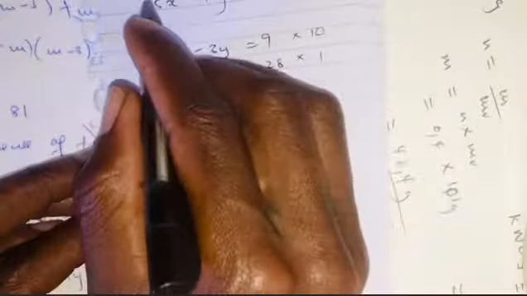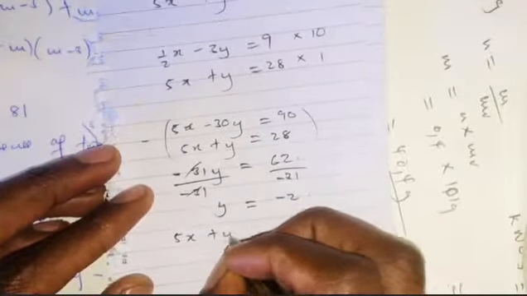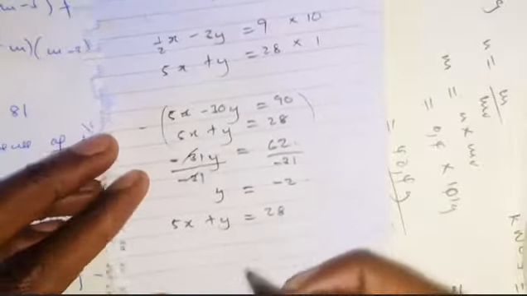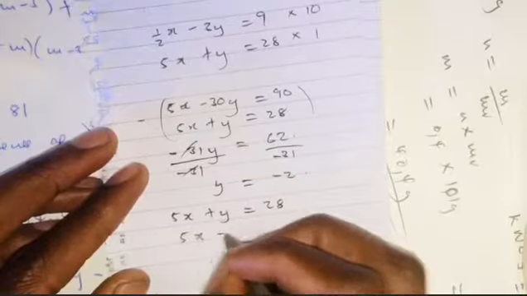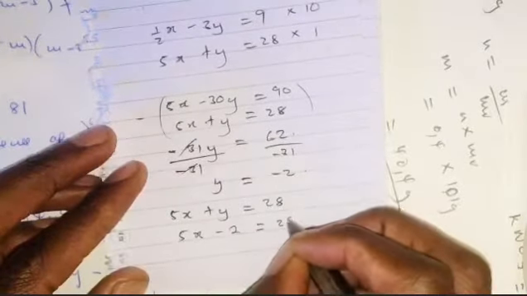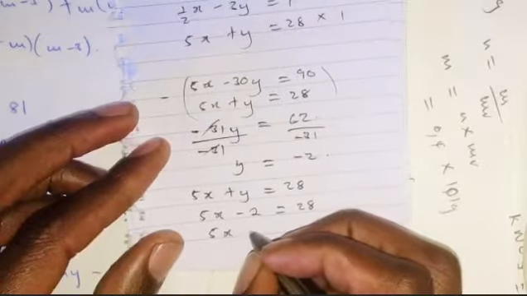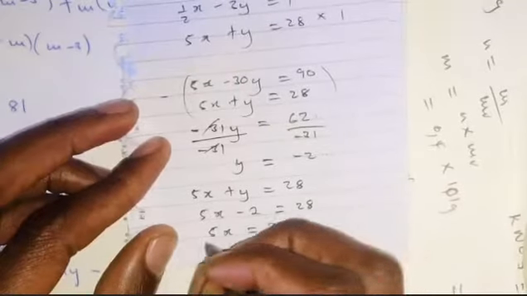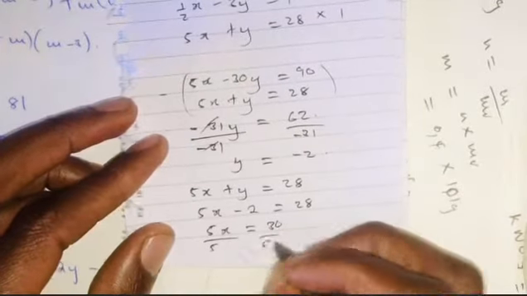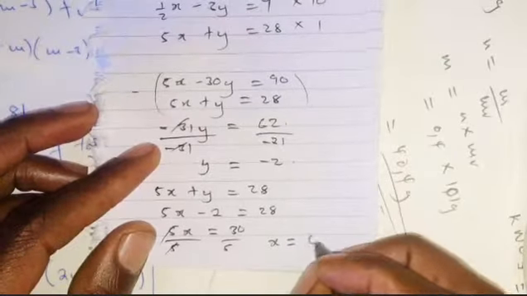We just take an expression. We can take this one, 5x plus y is equal to 28. Then of course y is now minus 2, so it's 5x minus 2 is equal to 28. Then 5x is equal to 30, over 5 over 5. Then x is equal to 6.